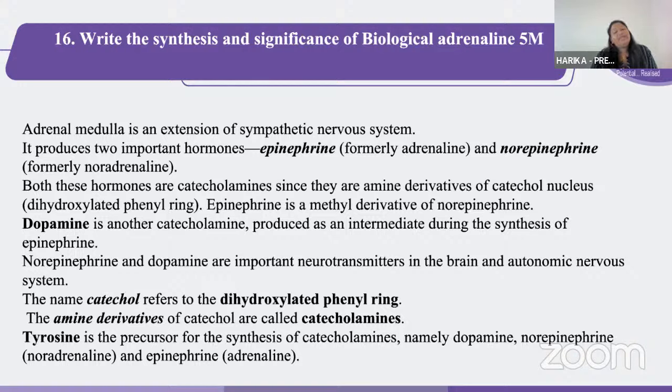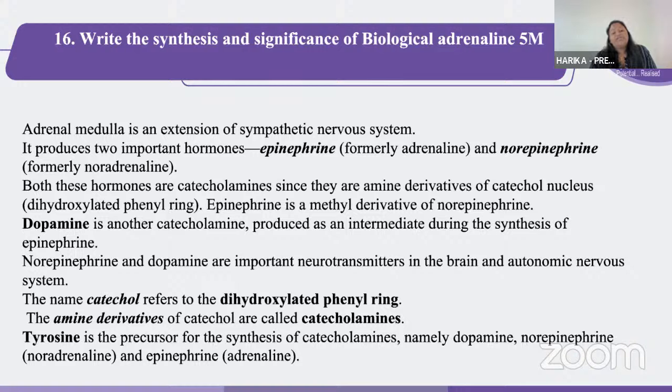Norepinephrine and dopamine are the main and important neurotransmitters in our brain and in our autonomous nervous system. So as I told you, they are derivatives of catechol.